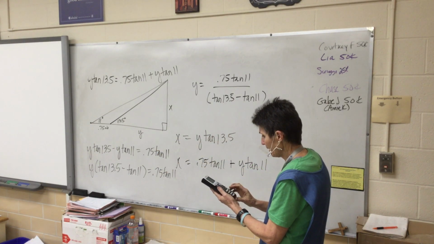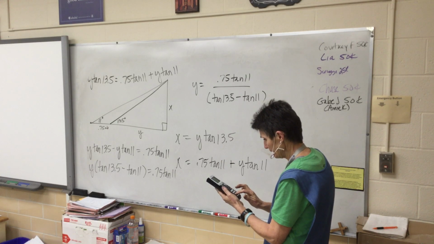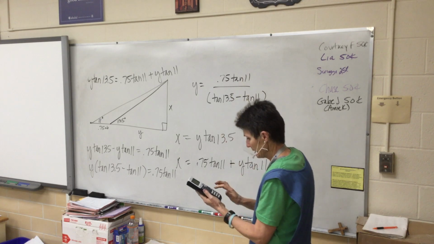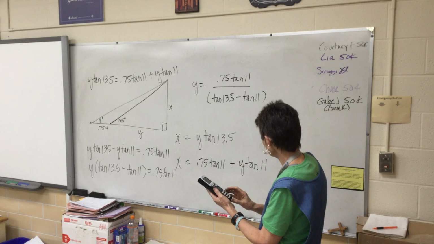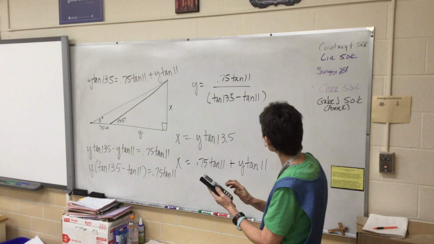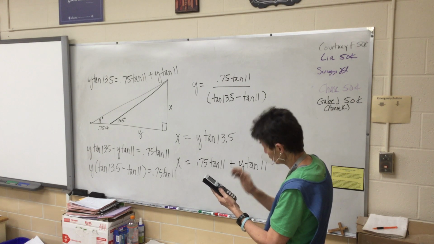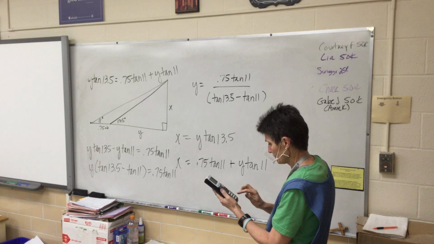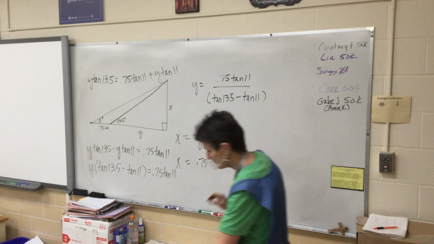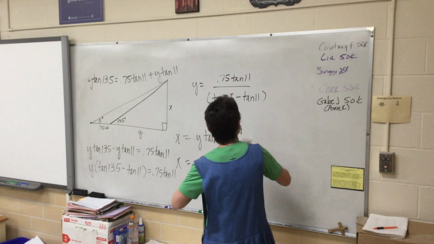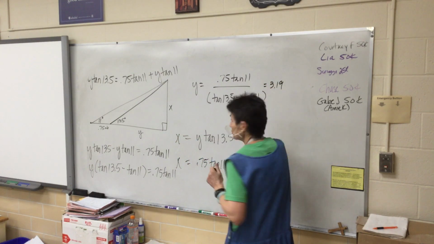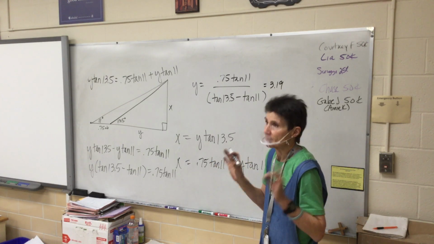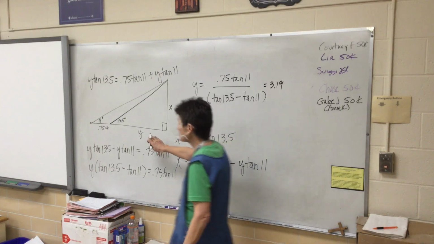So 0.75 tan 11, close those parentheses, remember these have to be closed, divided by parentheses, tan 13.5 close, minus tan 11 close. I got 3.19. Is that what you got? And that's absolutely wonderful, except it's not the answer, because that was y.